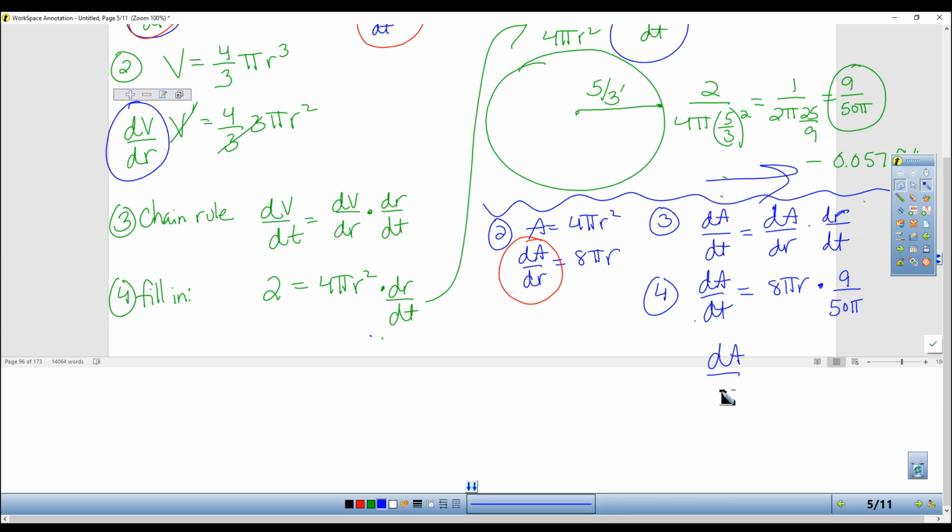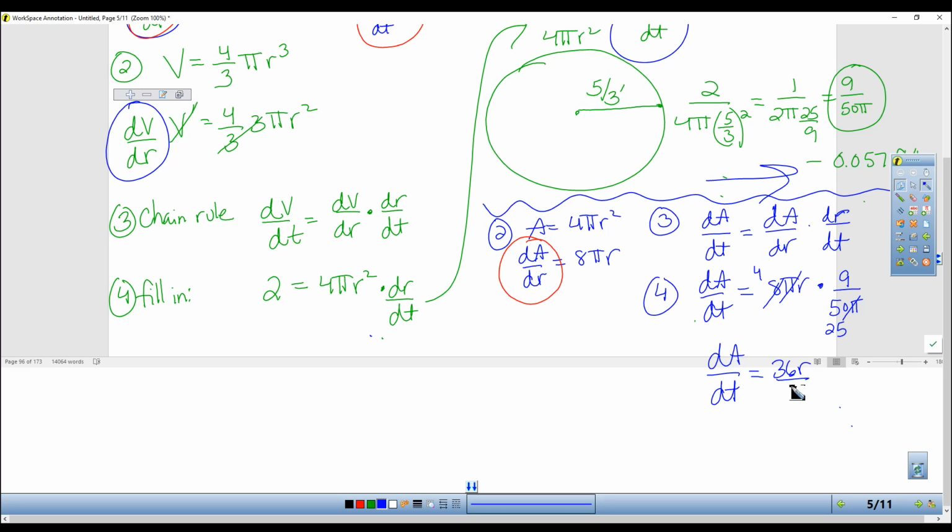So the derivative of the area, the change in the area as time goes by, the pi's cancel, and it's going to be, let's see, we can reduce that even a little bit more. So divide by 2 is 4 over 25. So 36 pi. No, there's no pi. 36 r over 25.